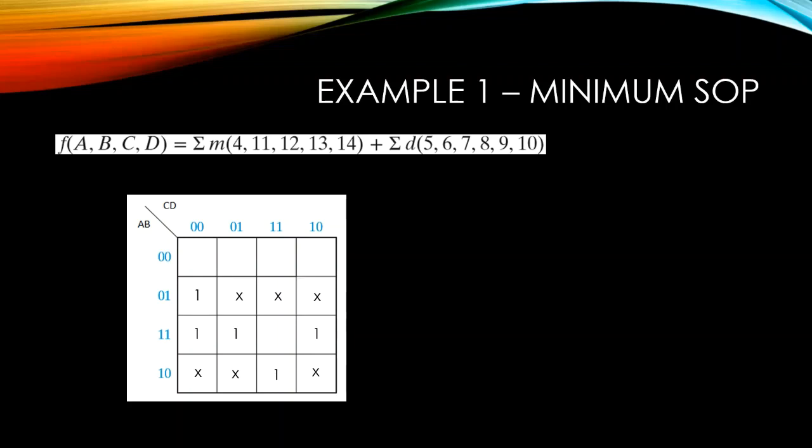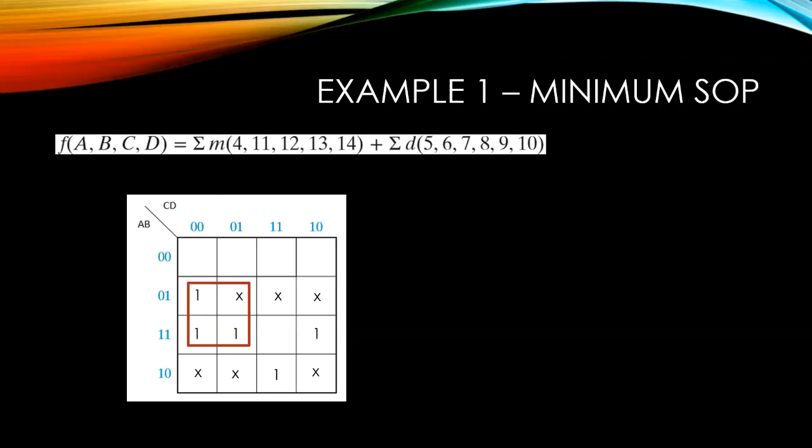And it's a bigger group compared with the two groups of 2. It will be a group of 4. So that's the time we're going to use the don't care, if and only if it will help us to have a bigger group and to lessen the number of groups.